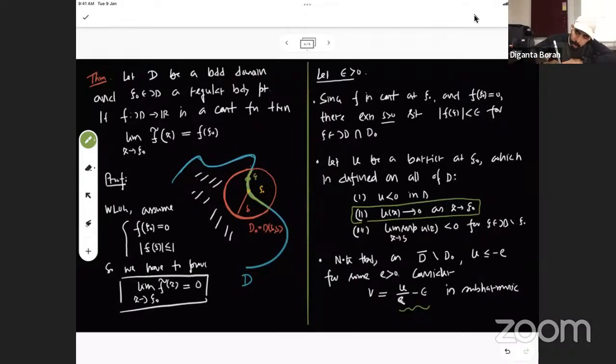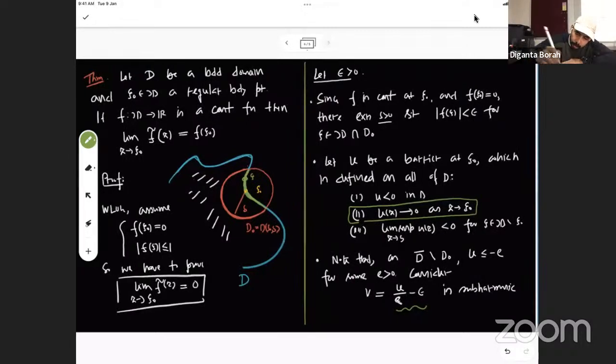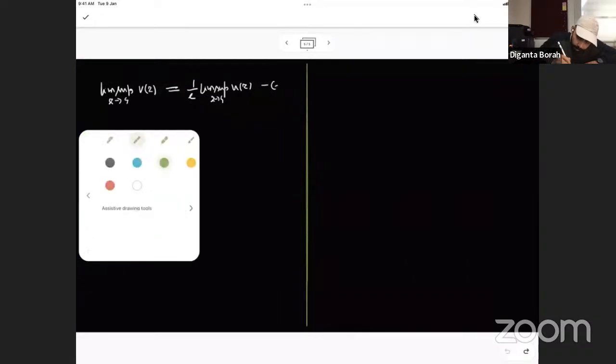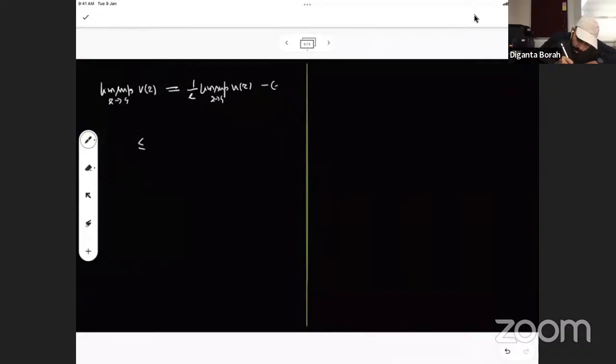So I'm going to consider two parts. Actually, let's write it. I will need more space here. So this is less than or equal to, now I am in this part, delta D intersection the disk D naught, right?